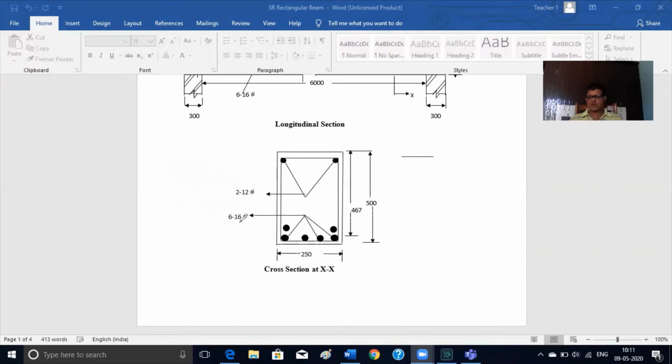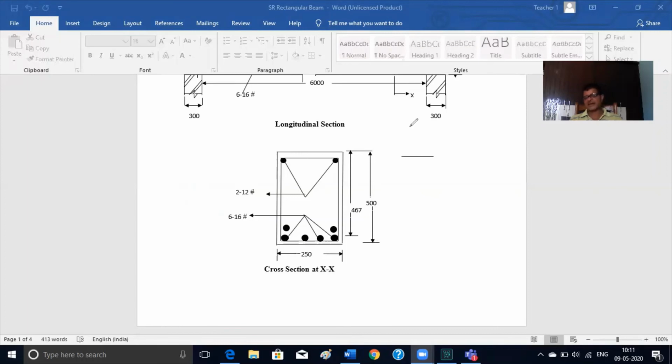So with this I conclude the design of single reinforced beam sections. In the design of single reinforced beam sections, what we discussed is that the steps are very simple. You know all the concepts. First you write the data given, then assume the data required for your design.